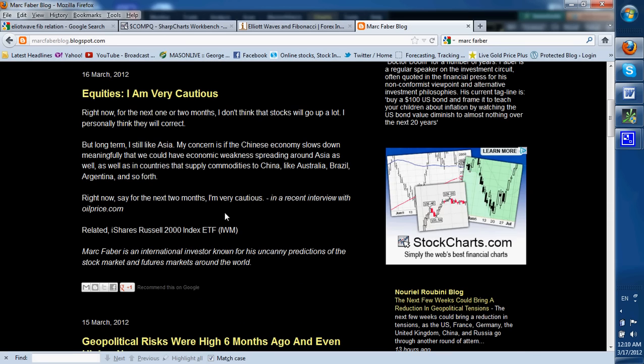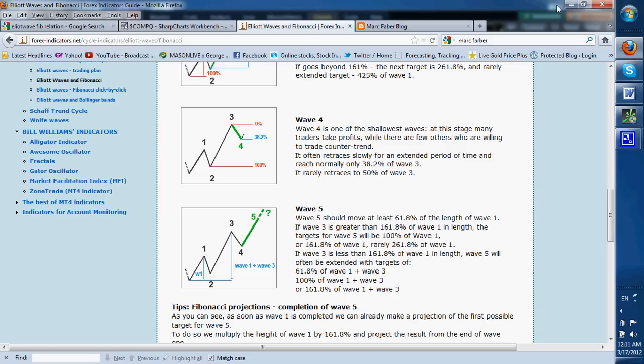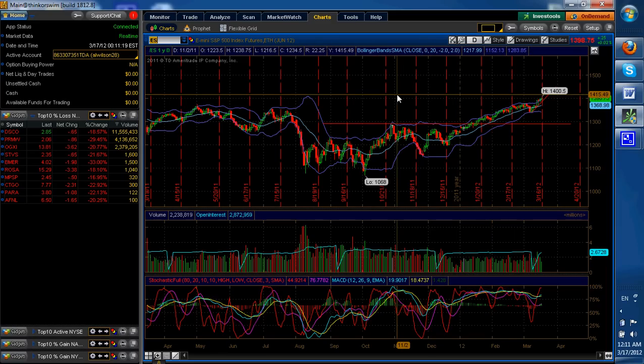And just recently, he made another comment on March 16 today, and he says that I don't think the stocks will go up a lot. I personally think they will correct. And so this Mark Farber guy, normally this guy's correct. You see, the thing about Mark Farber is that nobody listens to him, along with Gerald Celente. In fact, they call Gerald Celente a pessimistic porn dealer because he keeps talking negative about what's going to happen.